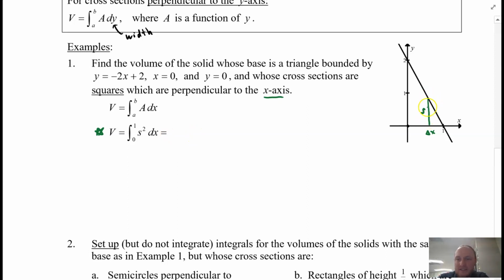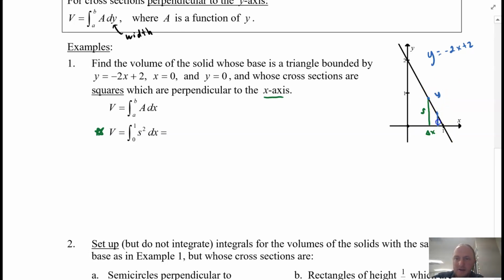So what is this distance if I was to calculate s? Well, I know that this line here is y equals negative 2x plus 2. And if I was to calculate this distance for s, isn't that the height here? Isn't this y? So I can go ahead and plug in: this y is equal to s. That's going to be one of our side lengths. Whatever y is, that's the height of my square.